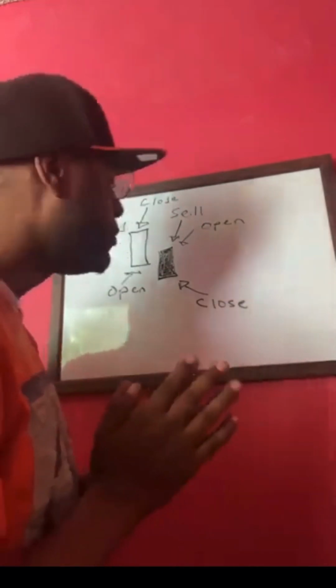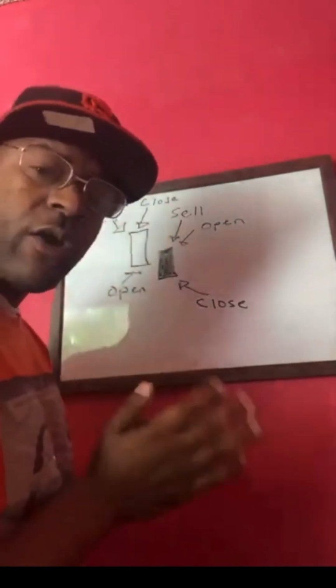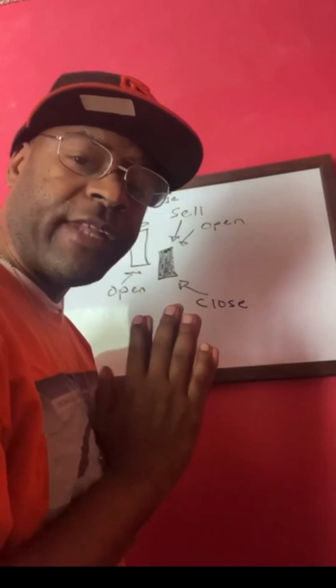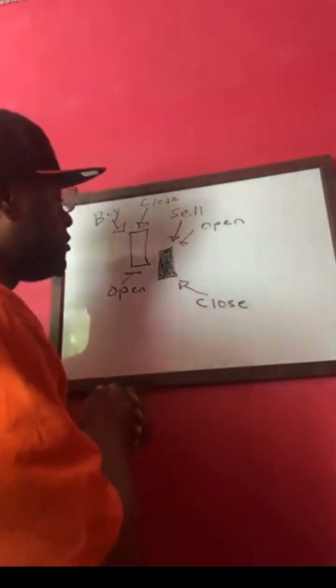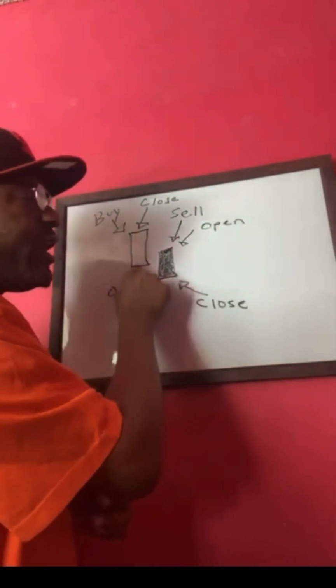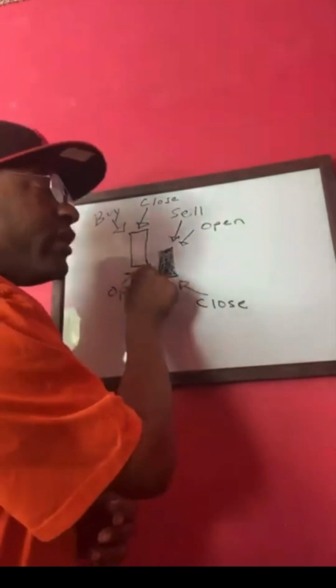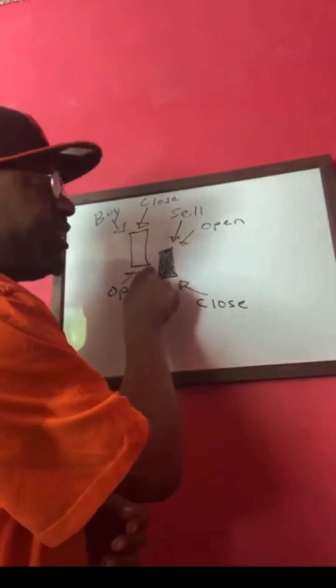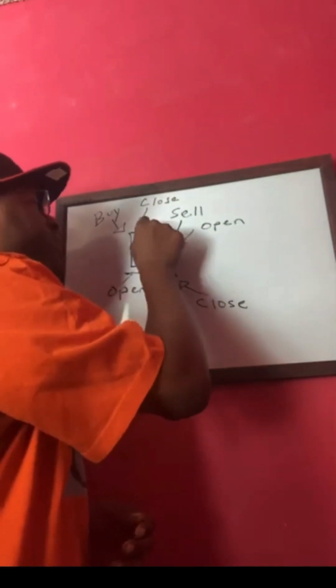But as of now, we're basically talking about the daily time frame. So if this was a daily chart and you were looking at daily candlesticks, it would open at, like we said, $95 a share, and the close would be at the top.